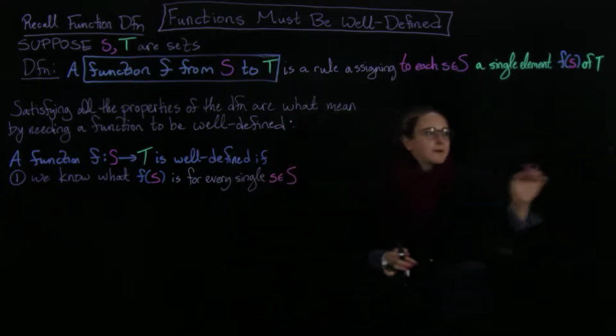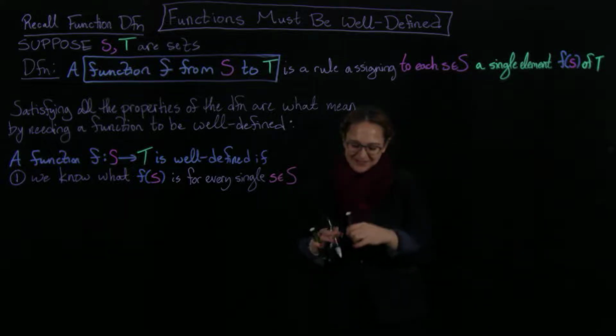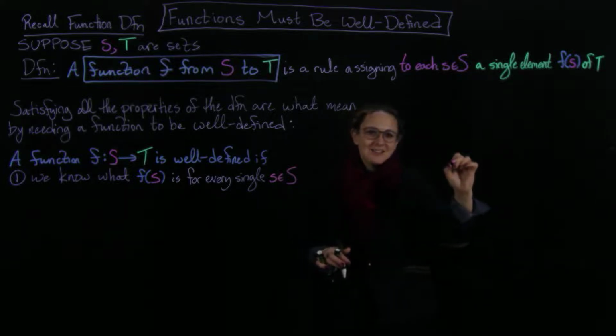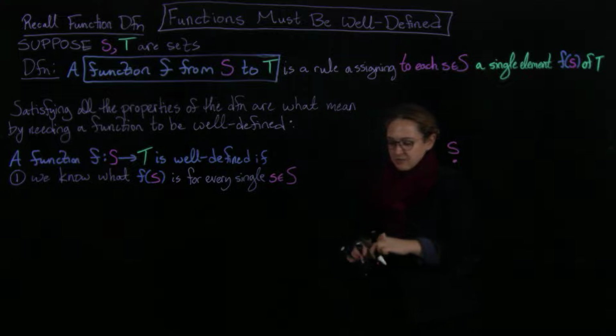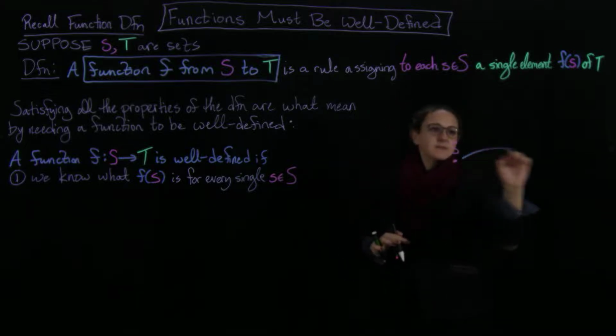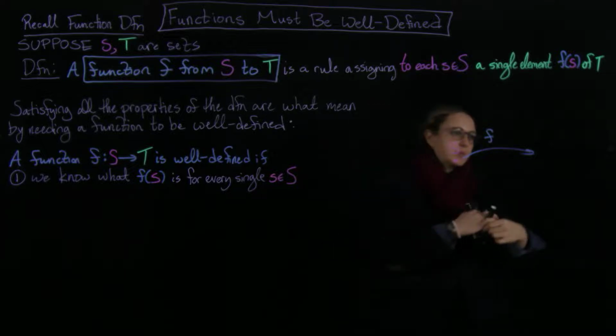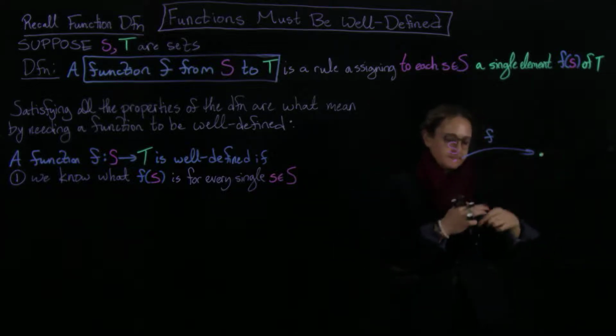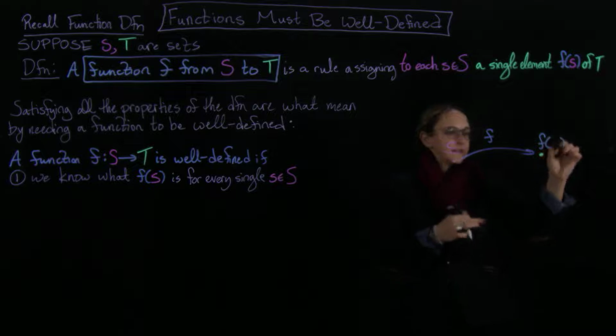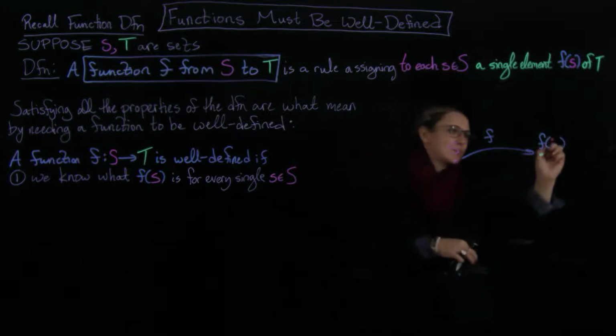With the picture over here, I'll do my pictures over here. So I have some s in the domain, and we know where it's going to. This is going via f to some point f of s. So you told me where each point went.